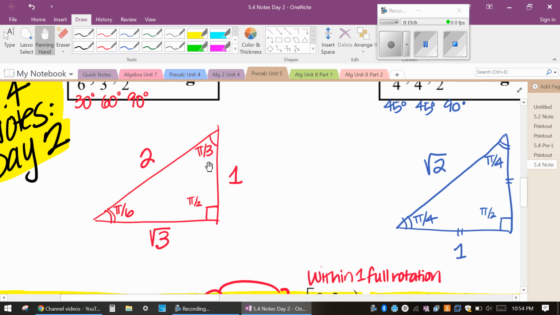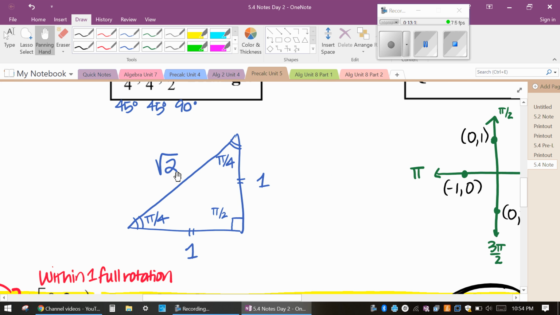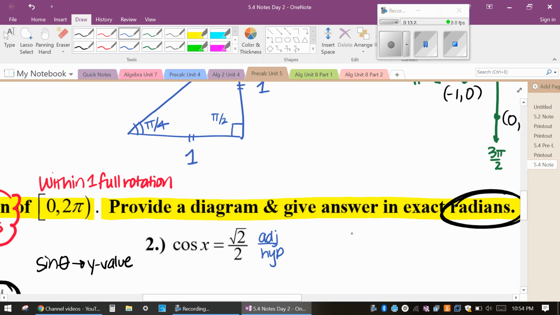What about pi over 3? Adjacent over hypotenuse. Nope, that gives me 1/2. So it can't be this triangle. Let's try this guy. Adjacent over hypotenuse. Yeah, 1 over root 2, and if I rationalize it, 1 over root 2 gives me root 2 over 2.